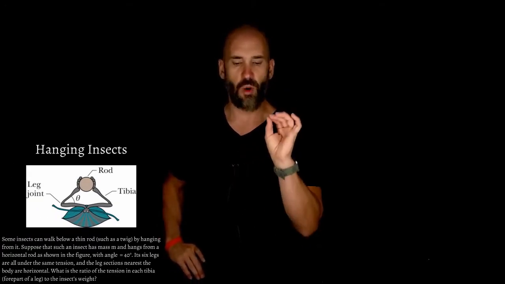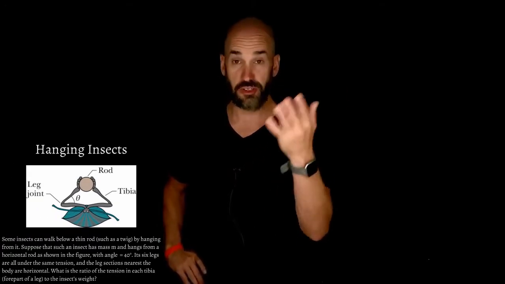And so we're here at the tension slide that shows various different types of tension. You guys can explore those different pictures. But I want to start by looking at this problem about some hanging insects. Some insects can walk below a thin rod, such as a twig, by hanging from it.